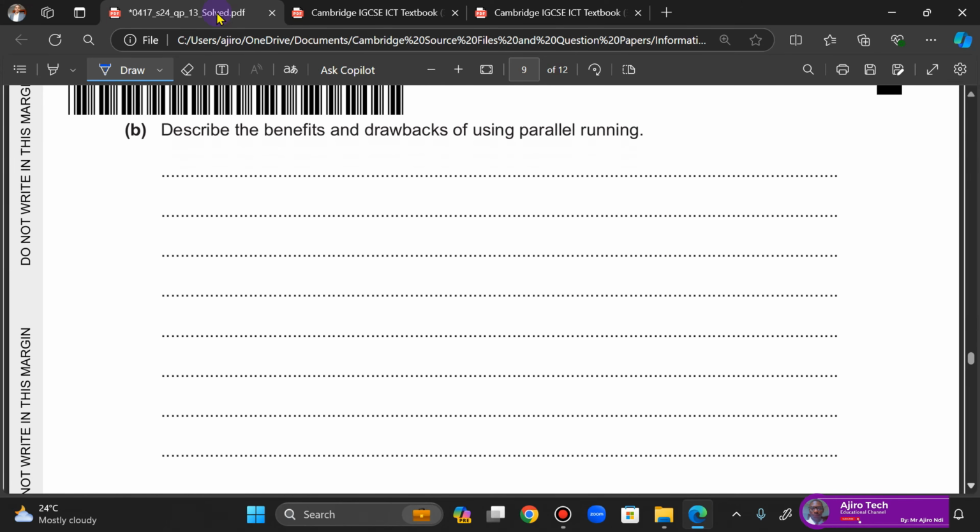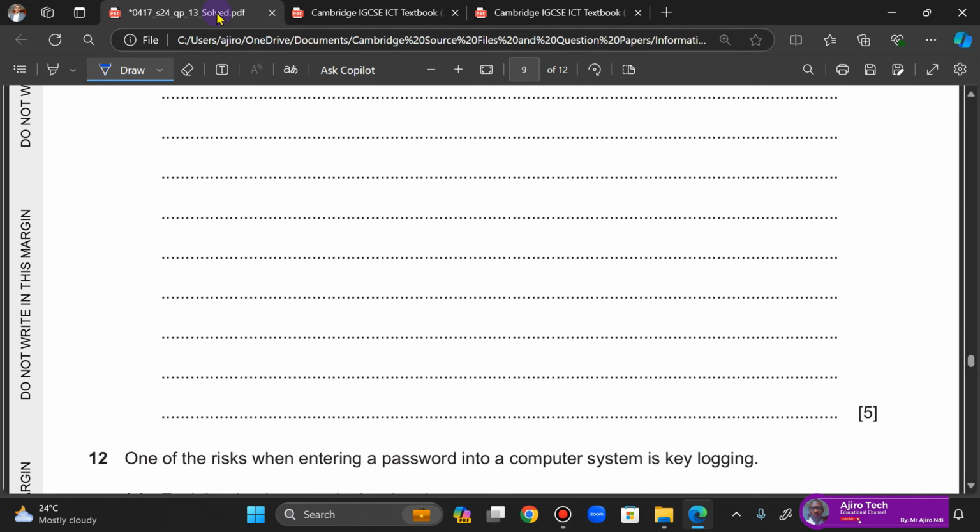Describe the benefits and drawbacks of using parallel running. So this is also chapter 7, the system life cycle, also in the implementation. How many marks is this? 5 marks.